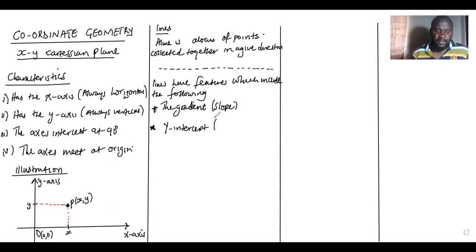The Y-intercept is the point on the Y-axis where the line cuts the Y-axis, and at this point, x is 0.